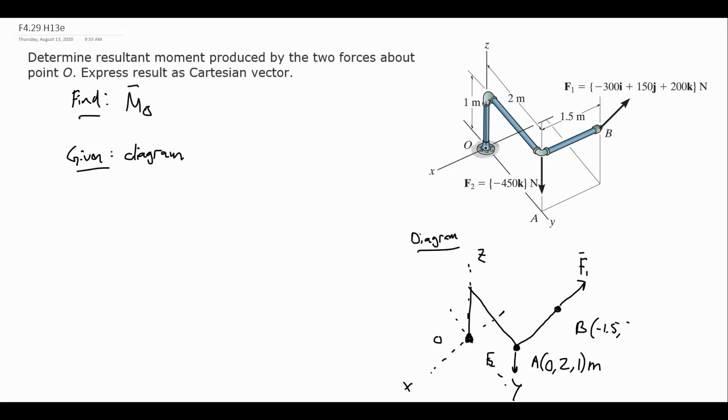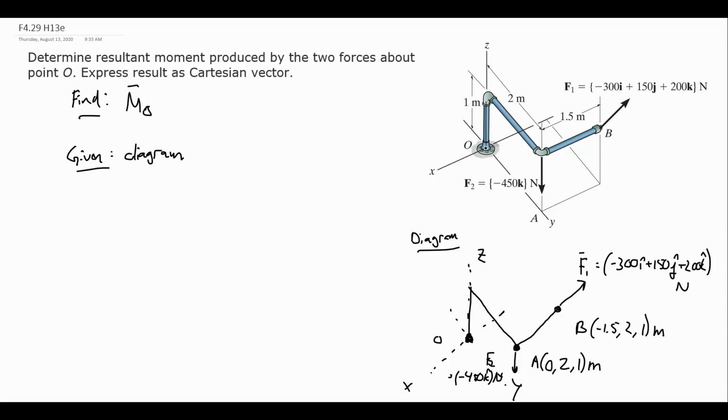So negative 1.5, 2, 1 meters. And I guess just for completeness, I will put in this information here, 300i, 150j, and 200k newtons, and F2 is negative 450k newtons. That way our diagram does have all the information we need, even though, again, it looks a lot like the one we were provided.